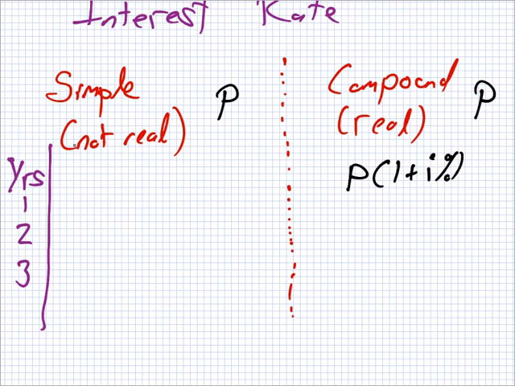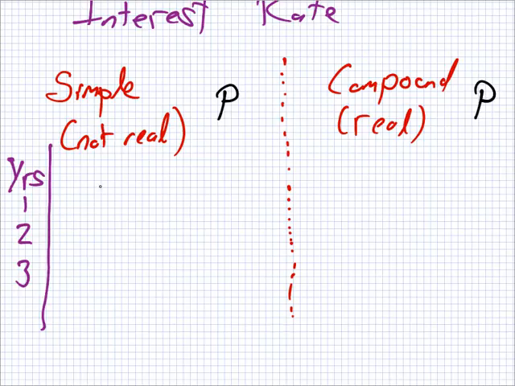And also in simple, after 1 year, it's the same, 1 plus I%. It's different after 2 years. So after 2 years of simple, it will be P, well, let me just rewrite this.